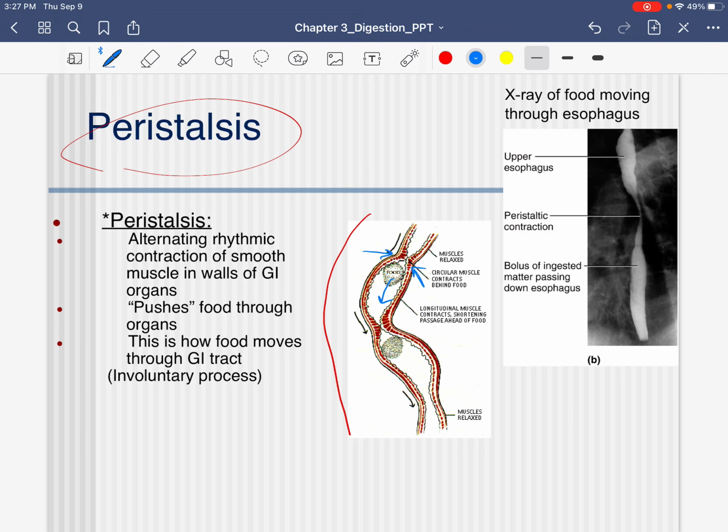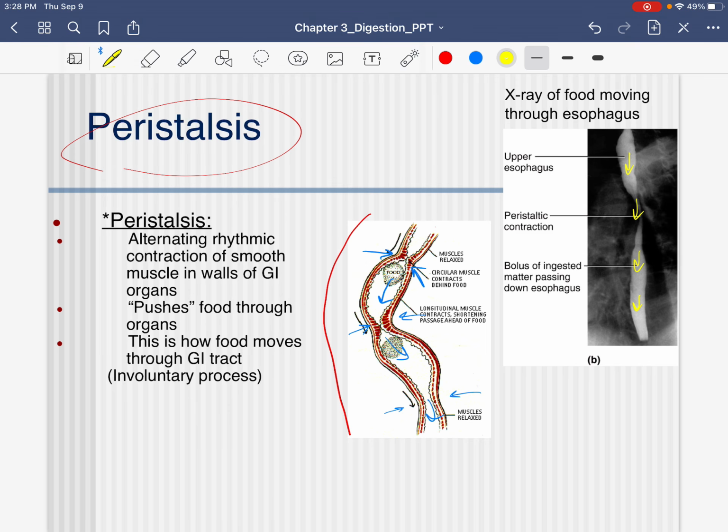Let's say this area of the muscle contracts, and then it relaxes, and the food gets pushed. And then we have another contraction, which pushes the food further. And then we'll have another contraction, which pushes the food further. So we have rhythmic contractions from top to bottom that will push the food down.